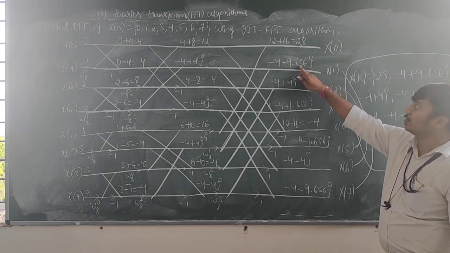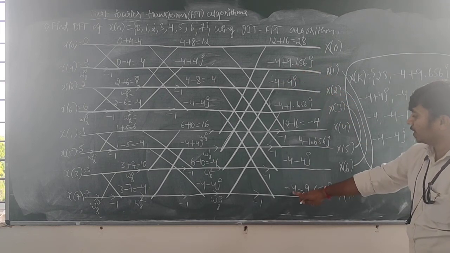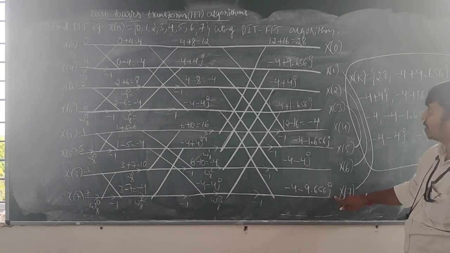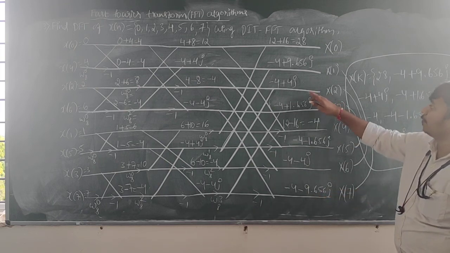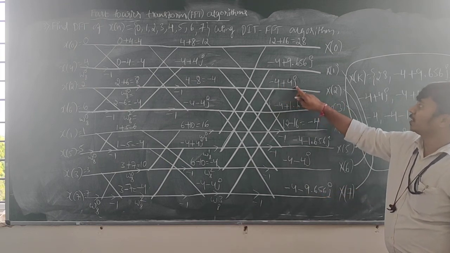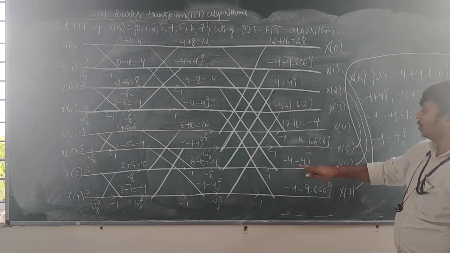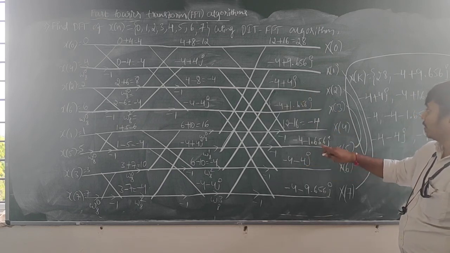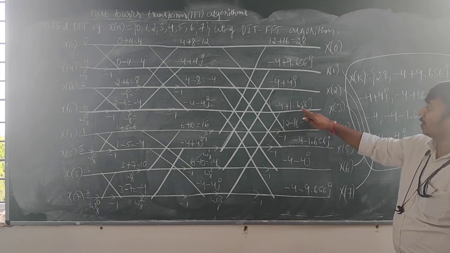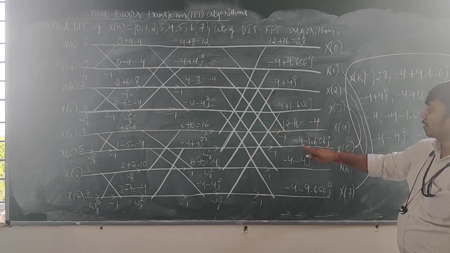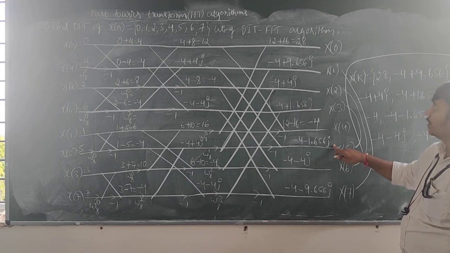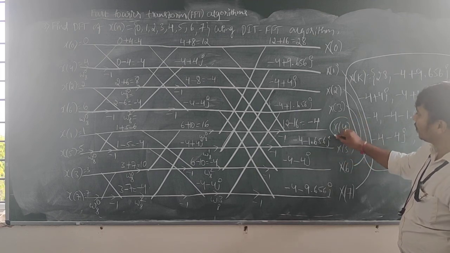What is the complex conjugate of this? It is minus 4 minus 9.656j. Okay, so what is x of 2? Minus 4 plus 4j. Complex conjugate of it is minus 4 minus 4j. Similarly, minus 4 plus 1.656j and its complex conjugate is minus 4 minus 1.656j. Okay, and this x of 4 is always real.